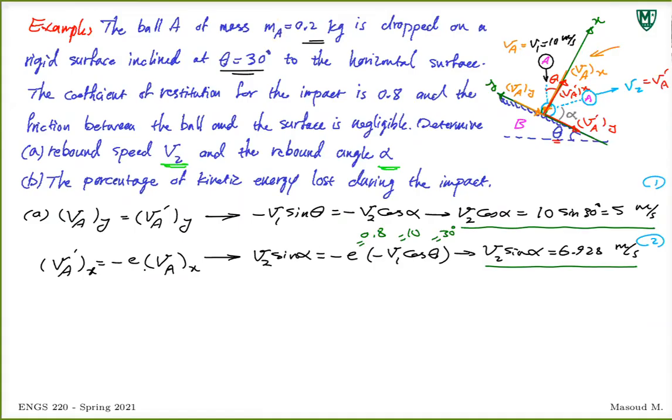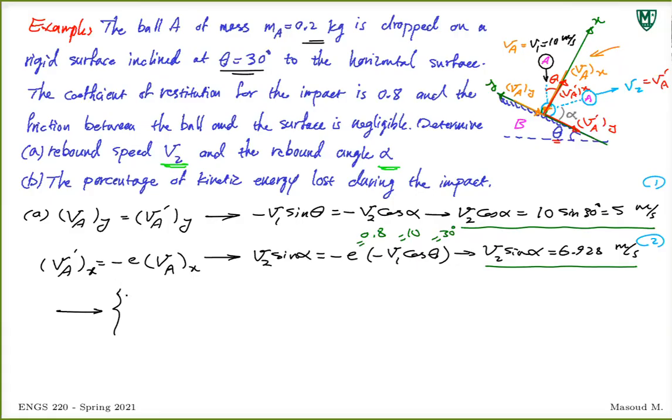All right, so from these two, you can find what you wanted, right? Again, dividing 2 by 1 gives you alpha. If we find alpha from either of these, you can find V2, velocity after the impact, or as we call it in the general notation, VA prime.